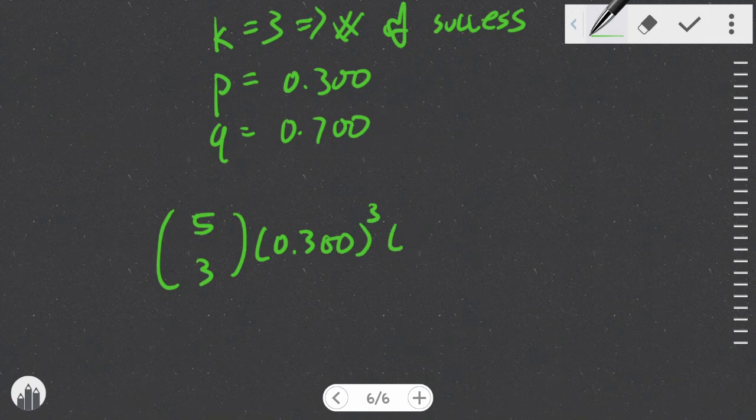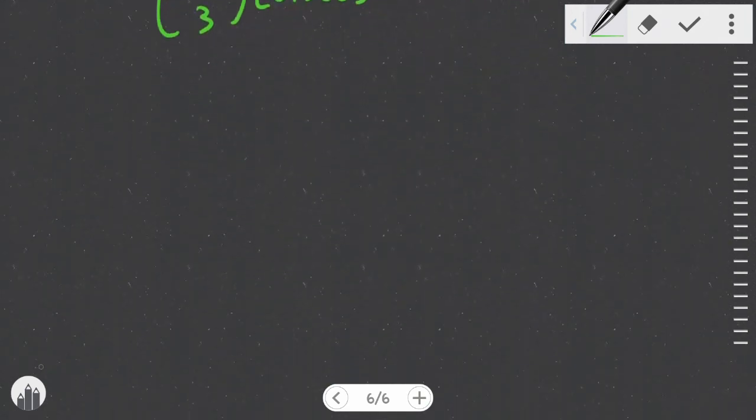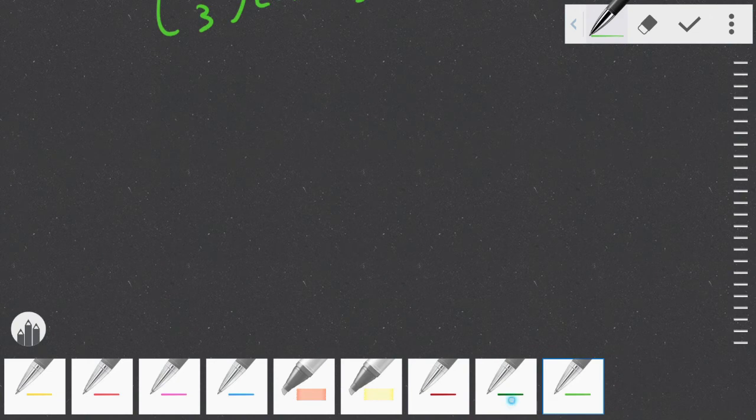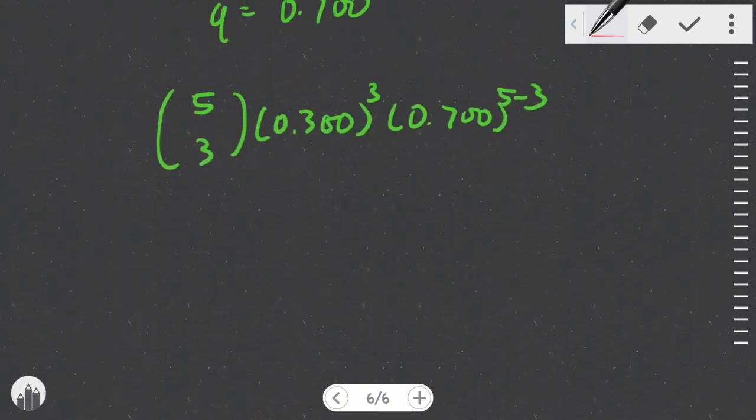And then 0.700, and this is going to be 5 minus 3. Now, let me change the color here to make it easier to see. Let's choose red. Now here we simplify 5 and 3.